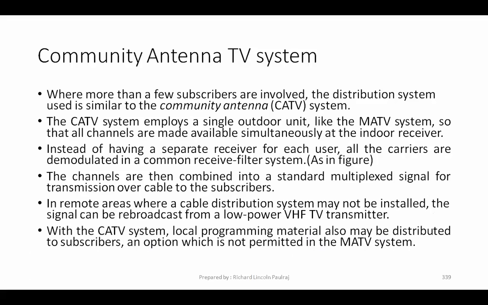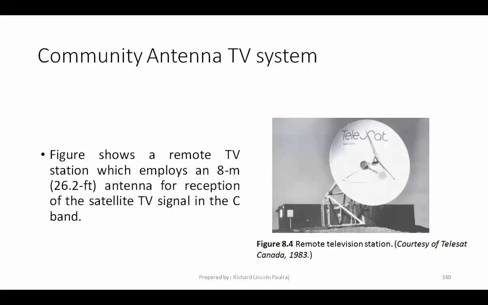If any programs or announcements are to be made, these channels can be used for local purposes. For example, if I want to broadcast news to a particular community or a particular area, then these kinds of systems will be much better than MATV. CATV is going to be much better.